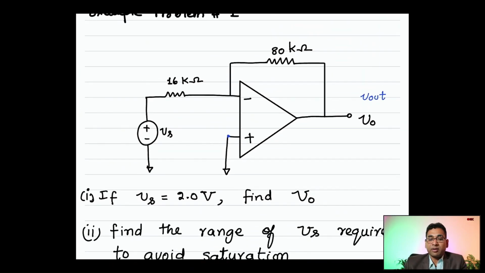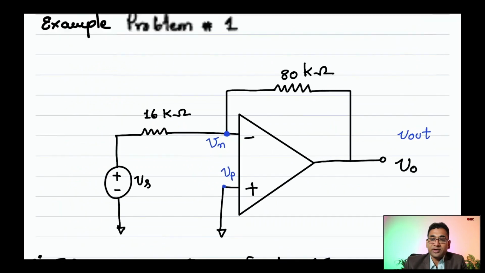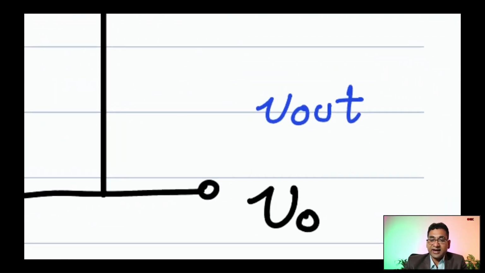Let's go back to my operational amplifier and identify what is Vp and Vn. So here is my OpAmp. That guy, remember? That guy is Vn, the voltage on the negative terminal. This guy, that guy is Vp. Remember? And of course, V out is over there on the right hand side.